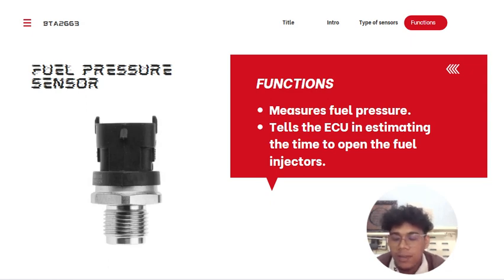Next is the fuel pressure sensor. So the function of the fuel pressure sensor is that it measures the fuel pressure. It tells the ECU how to estimate the time to open the fuel injectors.